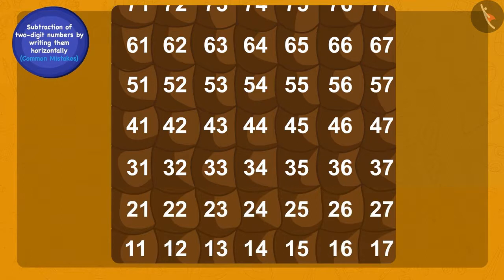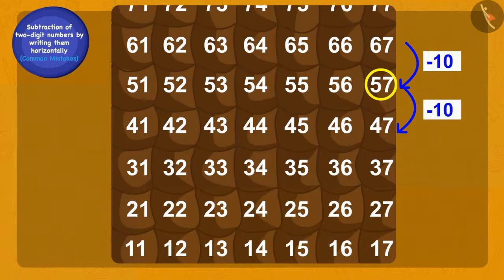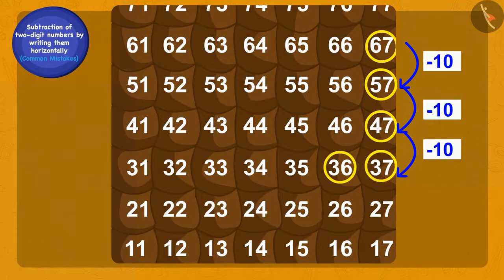Bhola first took one jump down from 67 on the grid, and thus by subtracting 10, he reached 57. Now he made another jump down, subtracting 10 again. So which number did he reach? 47. Absolutely correct. Now he finally took another jump and reached 37 on the grid.